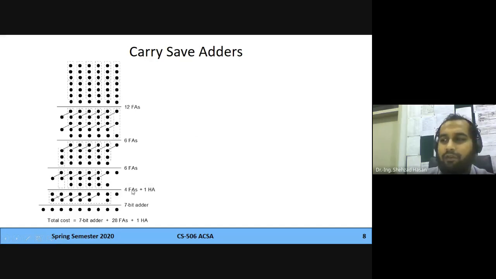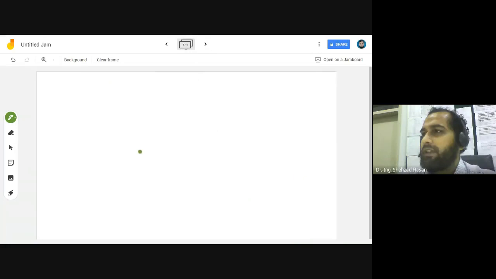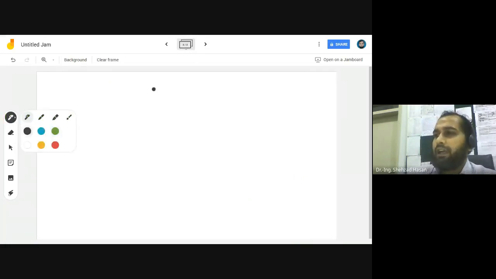And finally, if you use some more full adders plus half adders shown over here as well, then you can reduce it to just two numbers over here. Now, finally, you can use a 7-bit adder to get your final result. So in carry save adder, what's happening is that you have not added these numbers.